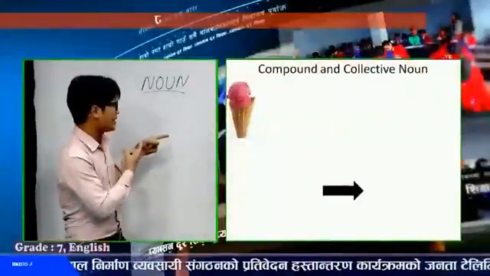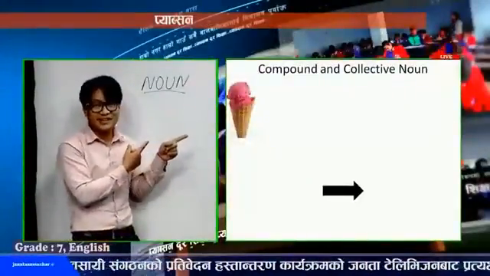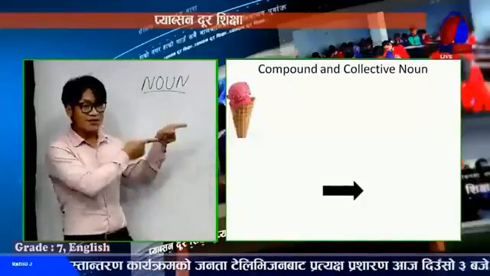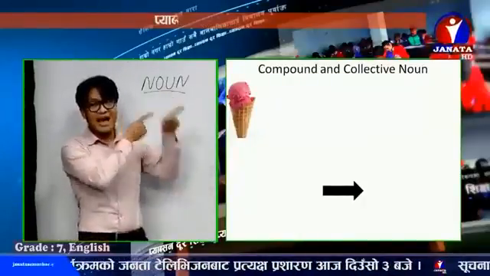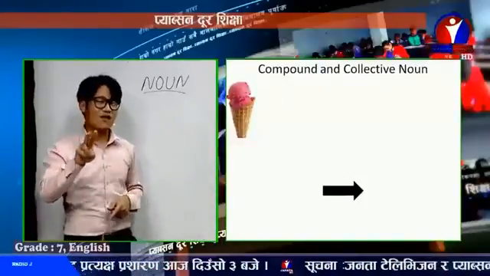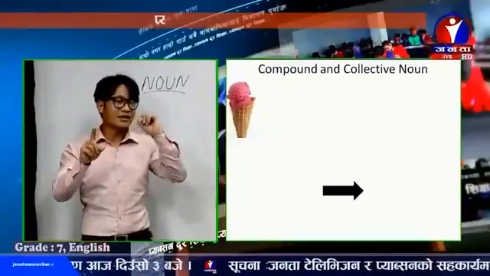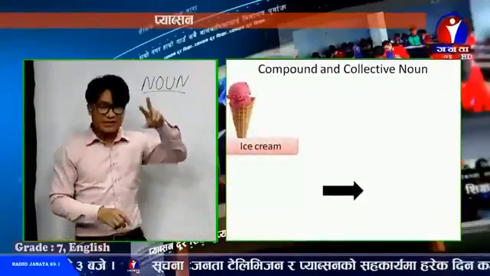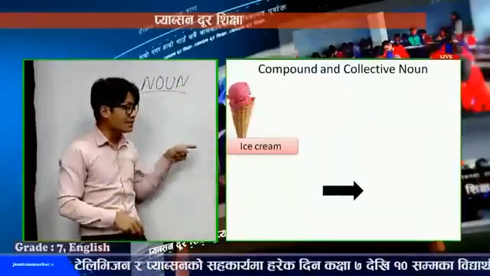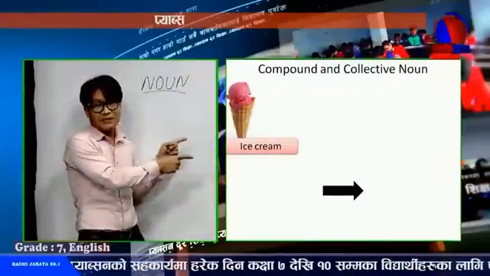What can you say about this picture? Can you see this picture? I think this is the summer season. Everybody loves this picture. What is this? This is ice cream. See the words ice and cream. This is one word, a combination of two words. One is ice and next is cream.